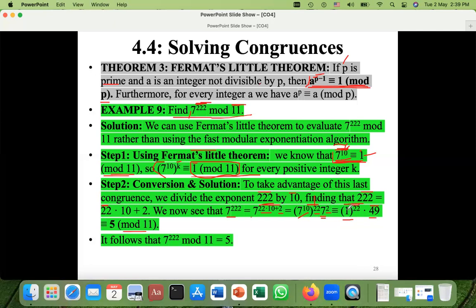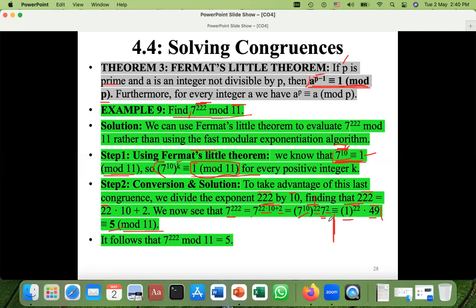This is congruent to 1 to the power 22 times 49. Here I am using the congruent notation. And you can write mod 11 after it, but okay, we are just calculating. So now this is 1 and this is 49. 49 multiplied with 1, we have 49. When you divide this 49 by 11, what will you get? 11 multiplied by 4 is 44, and 5 would be the remainder.